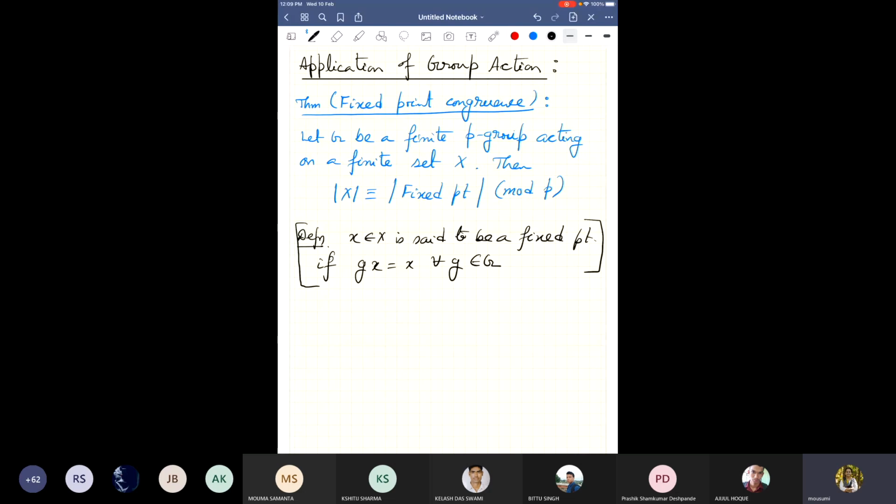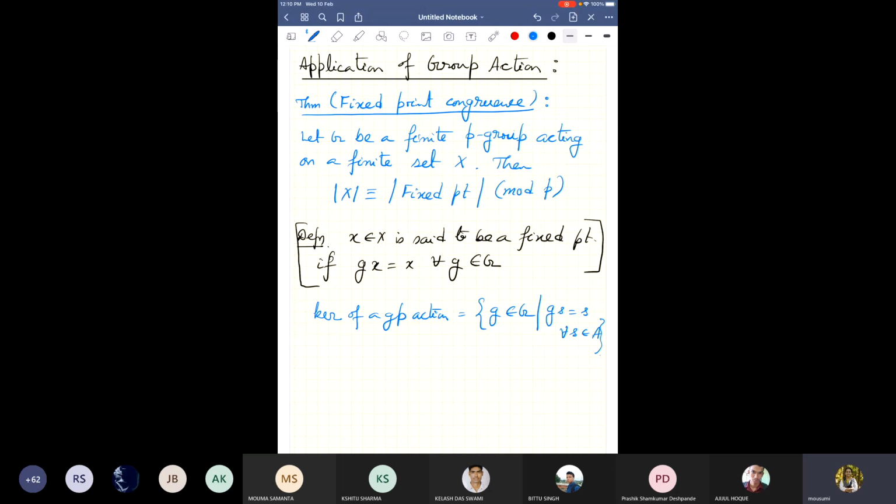Let me recall the definition to eliminate the confusion. The kernel of a group action was the set of all the elements of the group G such that gs is equal to s for all s in the set A. So you can see the difference now.